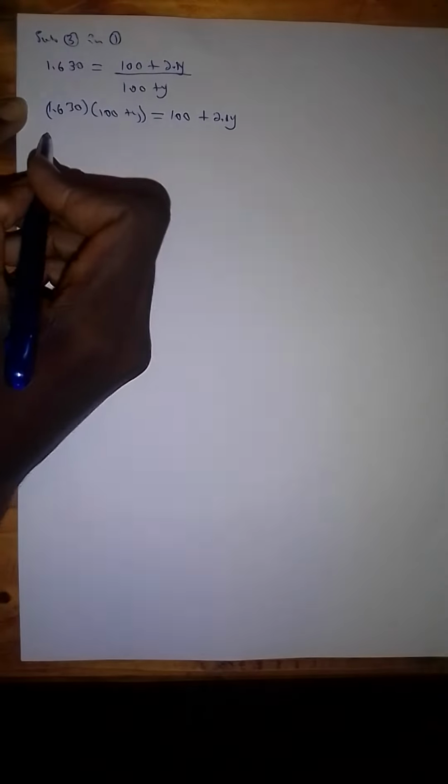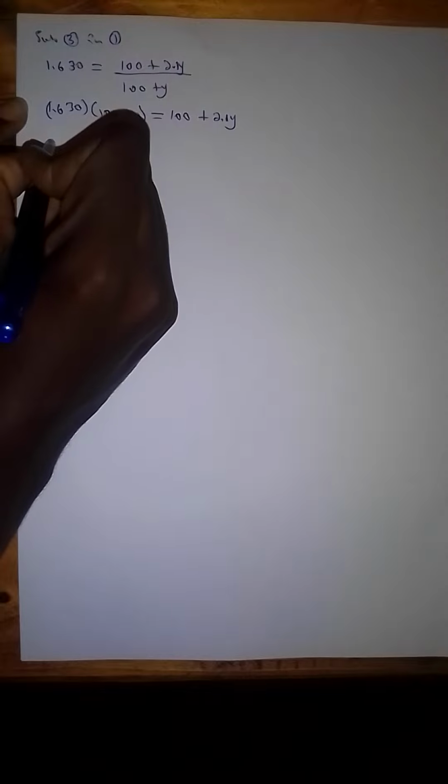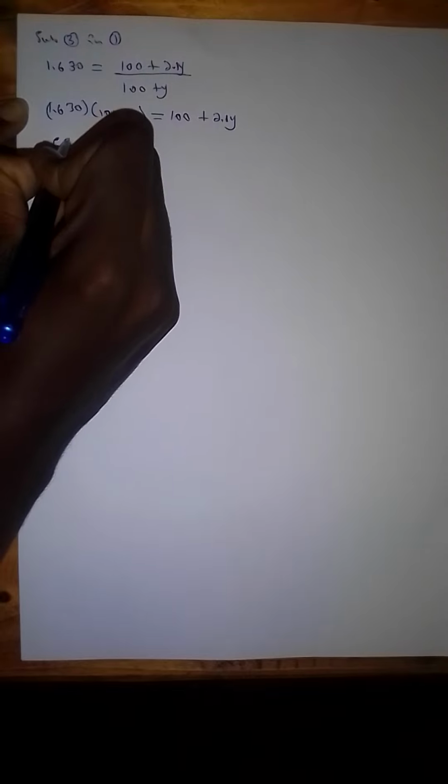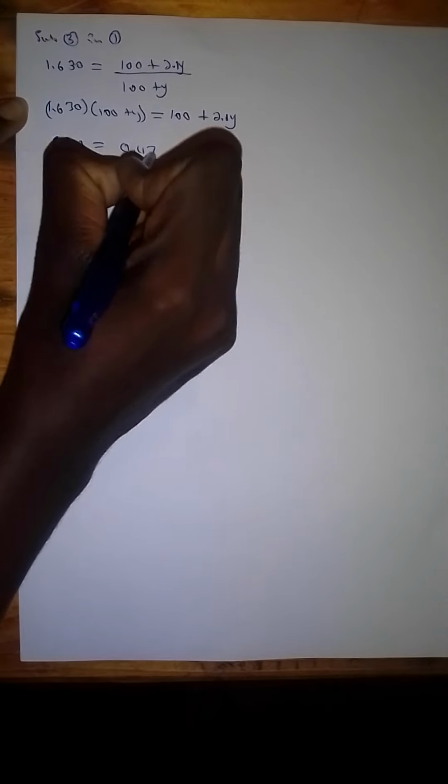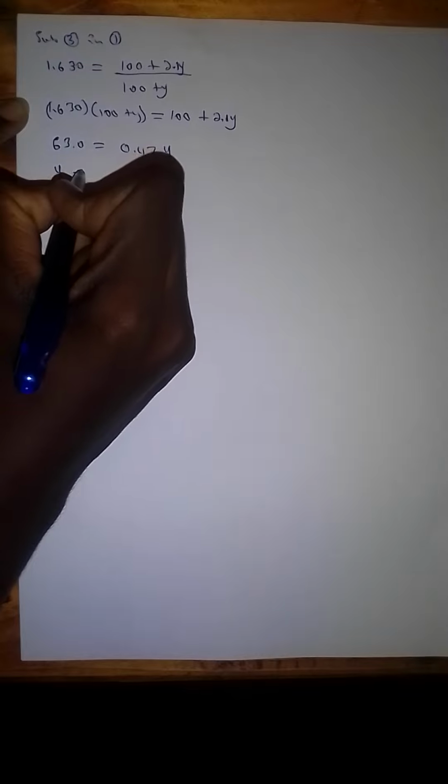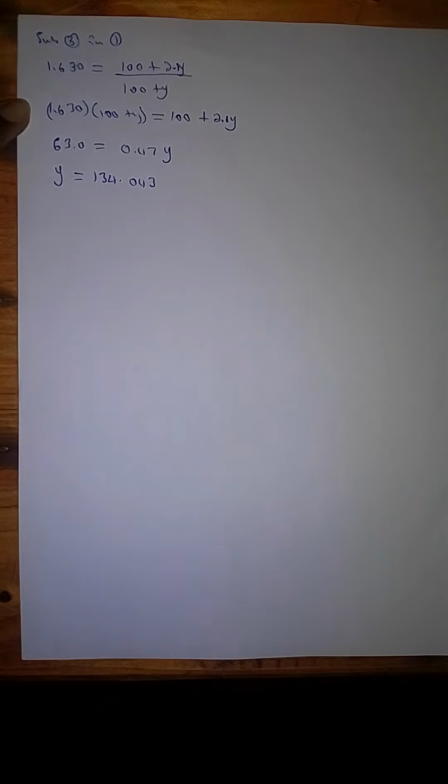As you go on simplifying, you find that 63.0 equals 0.47y, and then y equals 134.043.